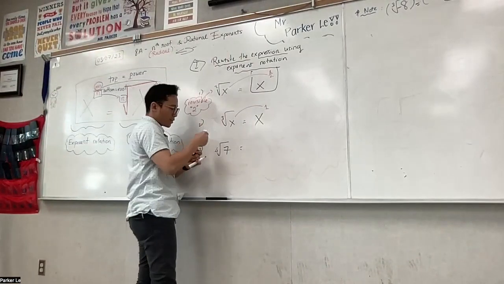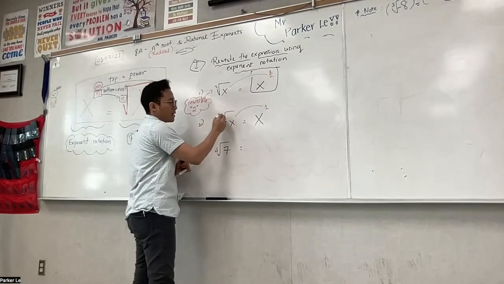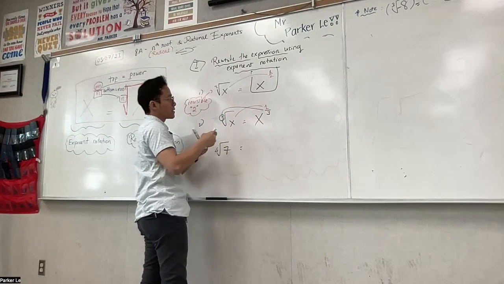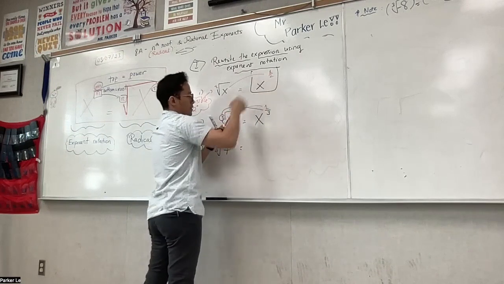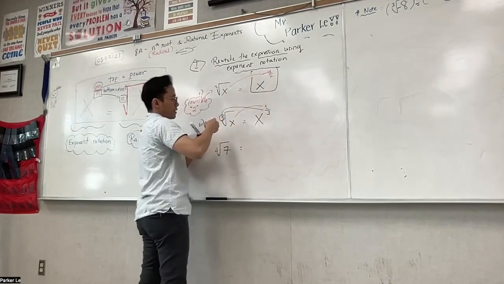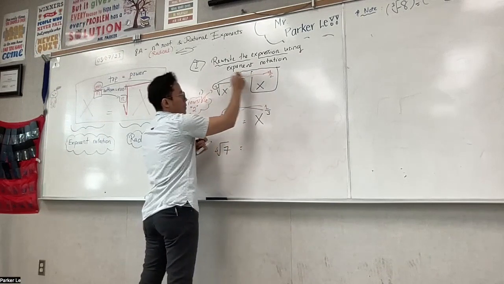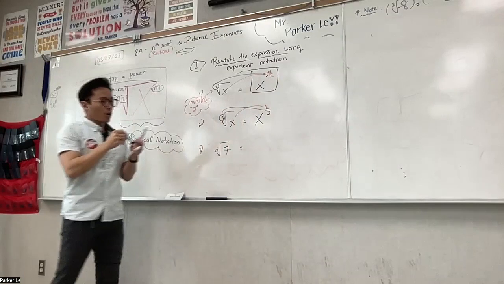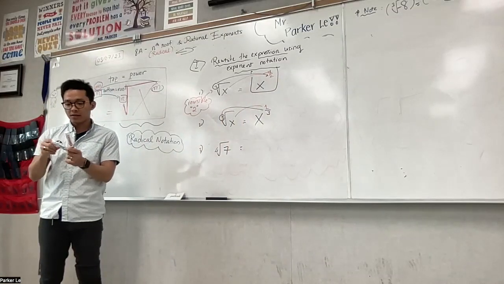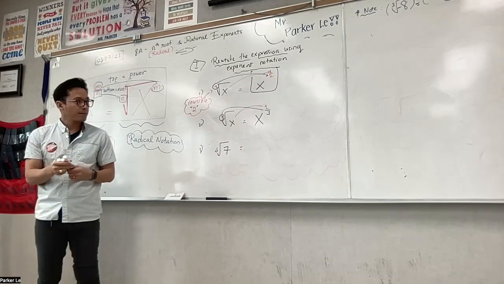Where do we put 3? On the bottom. So x to the power 1/3. That's how you say it. X to the power 1/3. Okay.